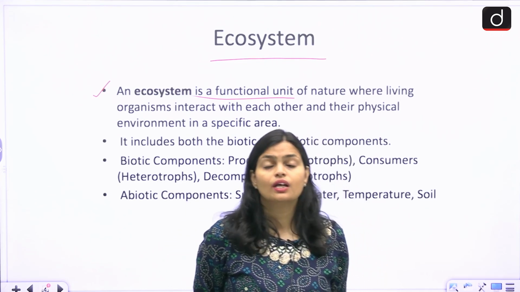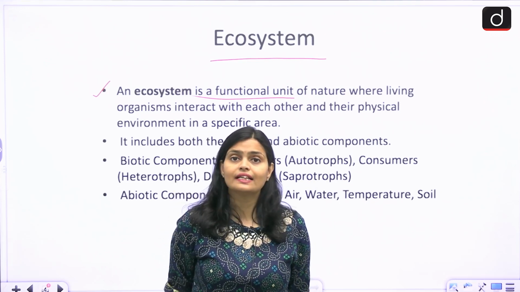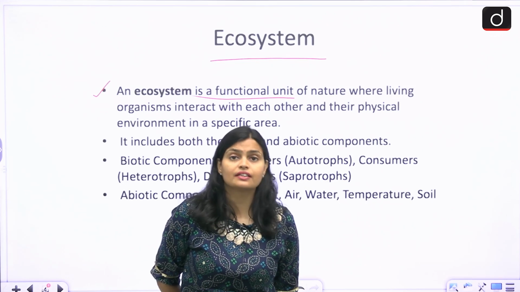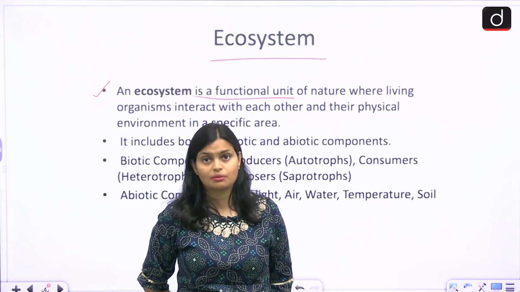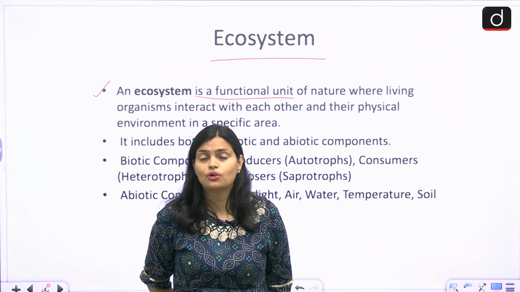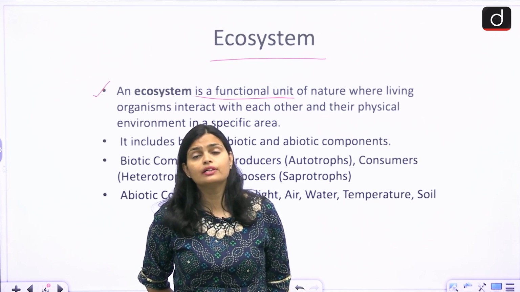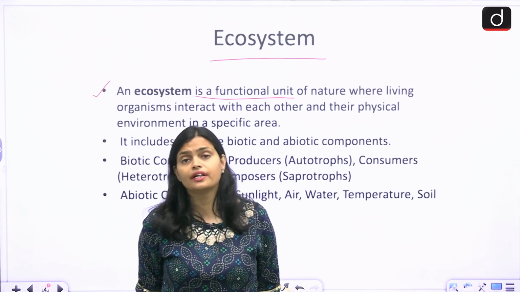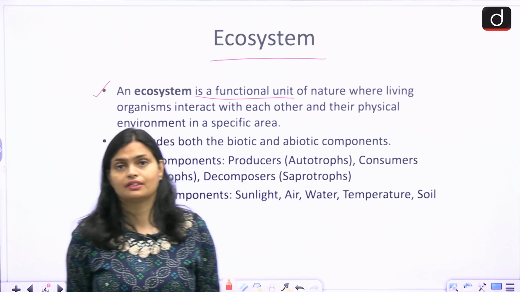Single one. When so many neuron cells combine together, they form a complete nervous system. When so many cells combine together, you will get a tissue, organ and organ system. Similarly, ecosystem is a functional unit of nature.